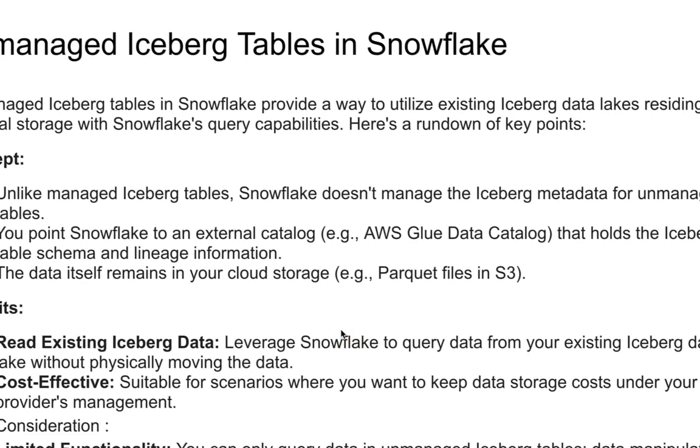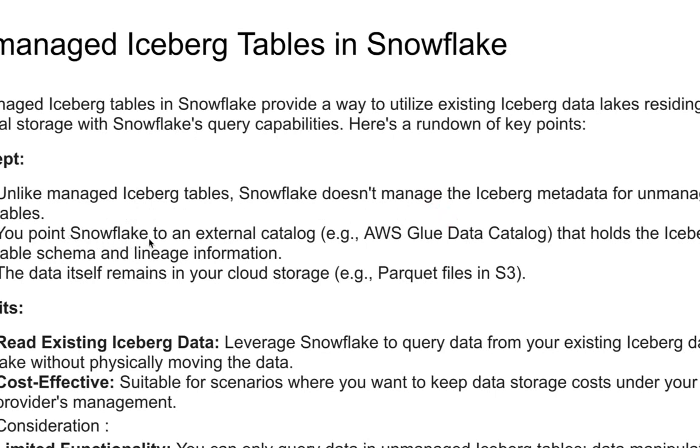And unmanaged Iceberg tables we already discussed. The unmanaged Iceberg table in Snowflake provides a way to utilize existing Iceberg data lakes residing in external storage with Snowflake's query capabilities. Unlike managed Iceberg tables, Snowflake doesn't manage the Iceberg metadata for unmanaged tables.